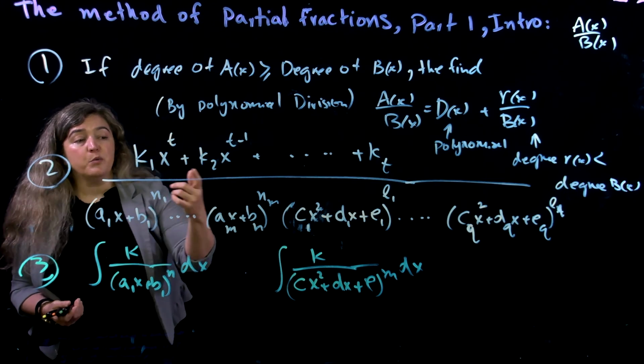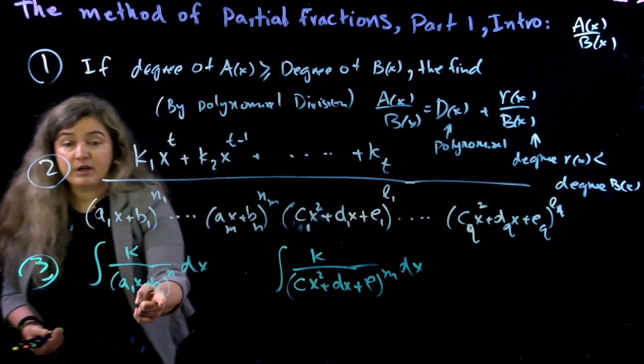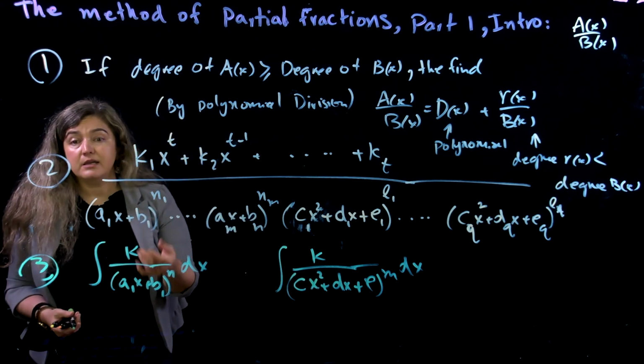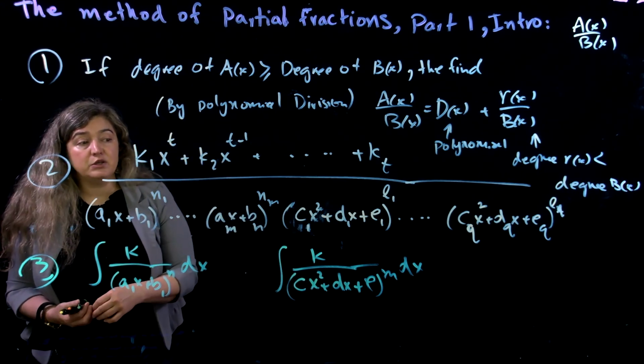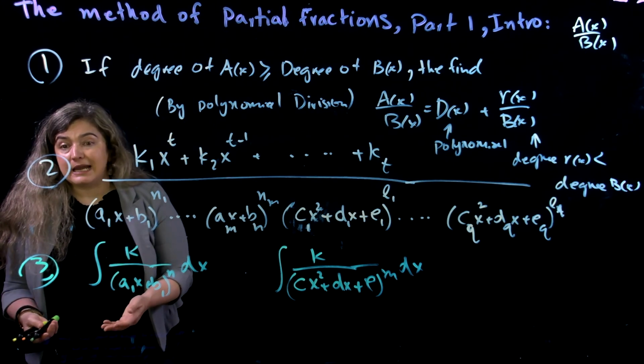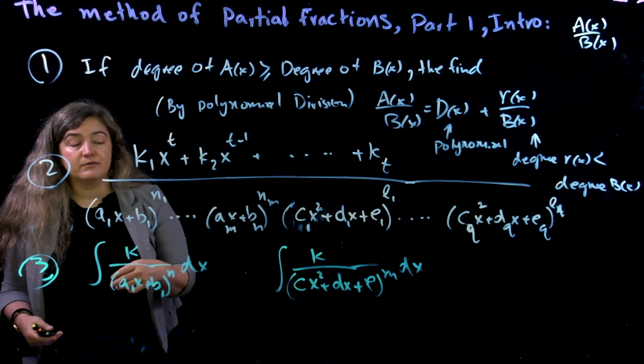For that one, I would do a U substitution, complete the squares, and use a trig sub related to arctan of something, right?